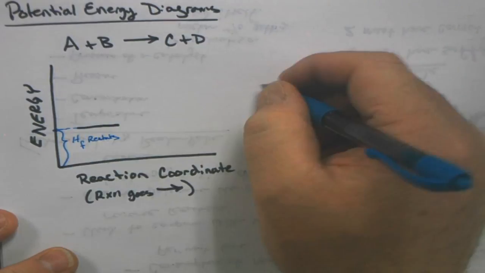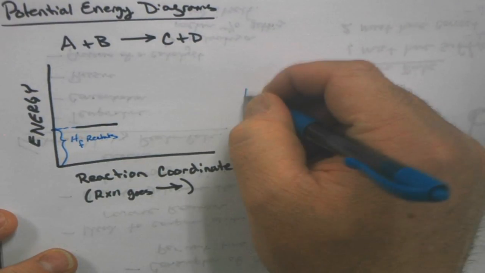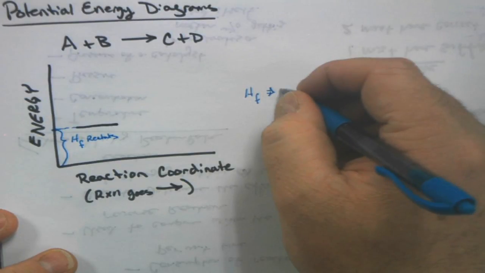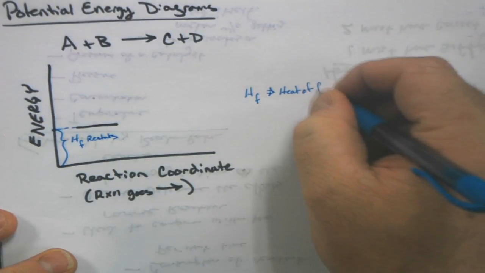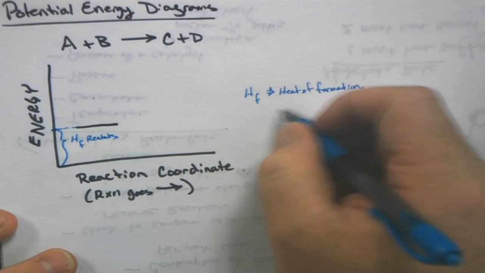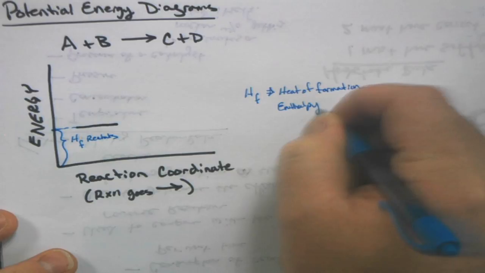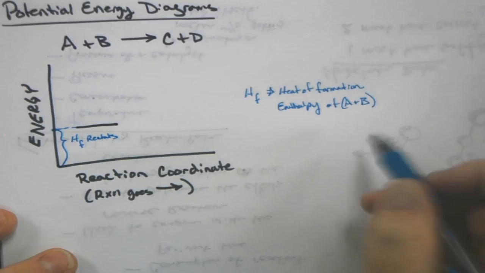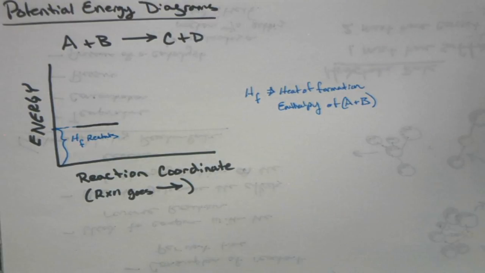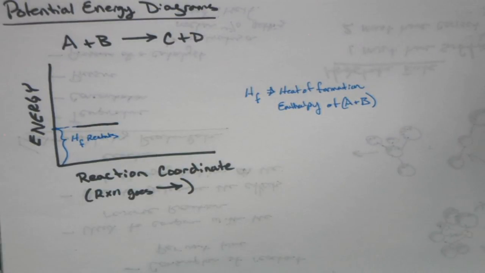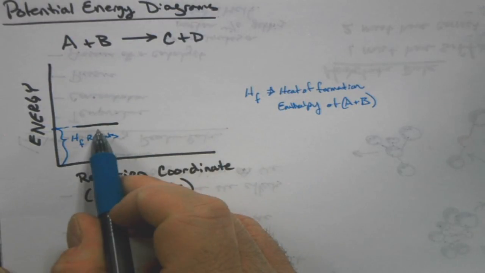HF stands for the heat of formation, also known as the enthalpy. It is the enthalpy of A plus B, the total enthalpy of our reactants. That's the name of it. HF stands for heat of formation, and it stands for what's called the enthalpy. And it is just the energy stored in the chemical bonds of these reactants.